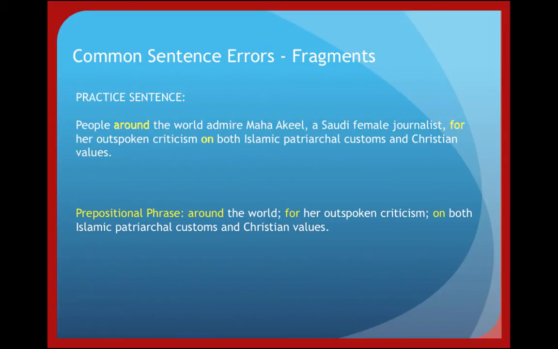For example, the phrase around the world modifies the word people, which acts as the subject of the sentence. The next phrase, for her outspoken criticism, modifies the word Maha Akil, which acts as the object.